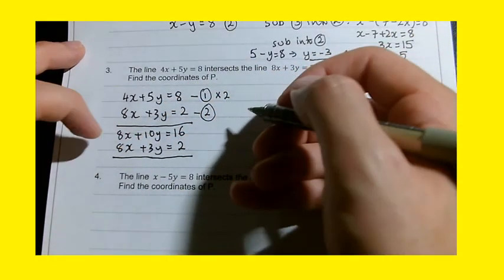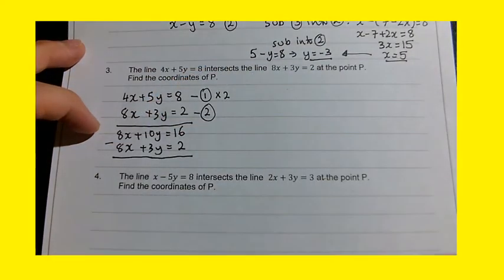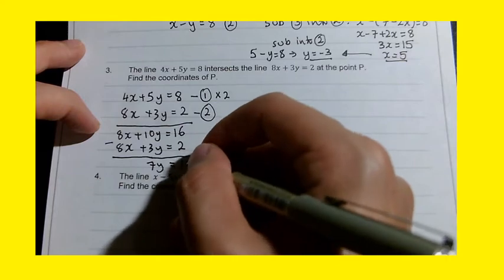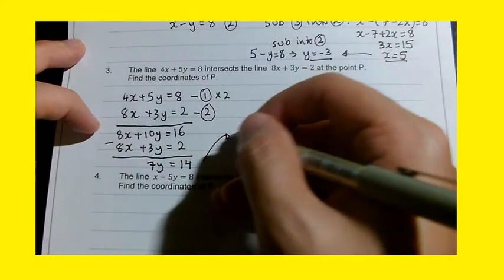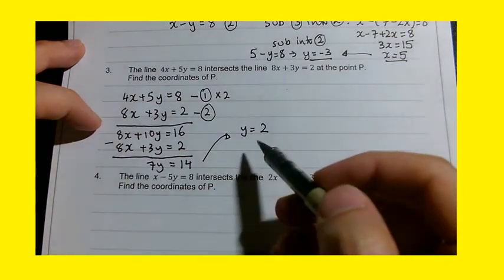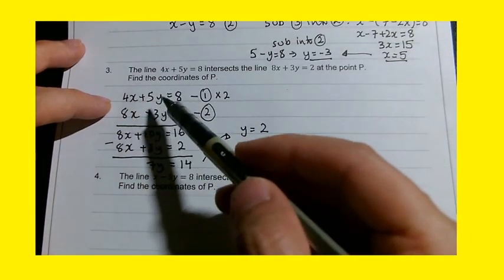I'm going to subtract one from the other, I'm going to get 7y equals 14. That means y equals 2. And once I've got y equals 2, I can substitute it into any of these equations.